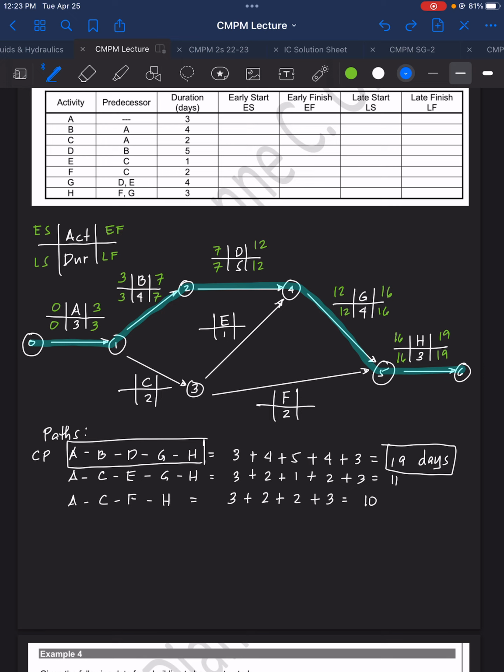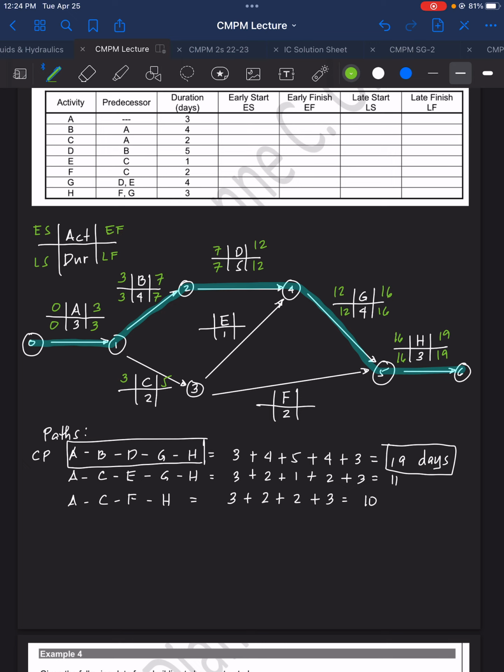So how do we now compute for the early start for activity C? For activity C, the early start is that it needs to have activity A finish first. So that will be in 3 days. 3 plus 2, that will be 5 days.